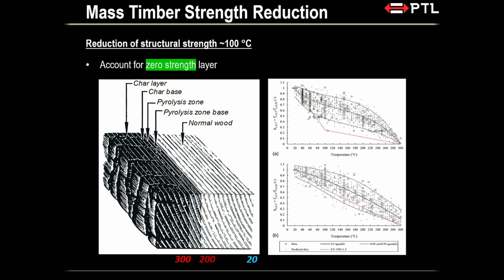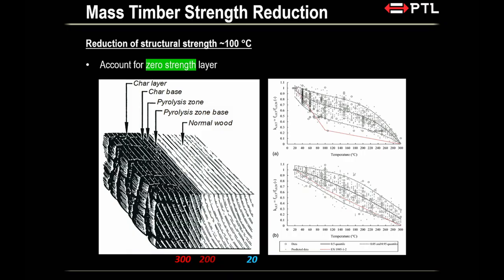Now, as a structural engineer, I will provide you with char depth, if I'm doing performance-based design, but you absolutely must remember to add the zero strength layer, because I believe the zero strength layer probably comes from your design documentation, okay? So if you look at a piece of timber, let's say it's infinitely thick.